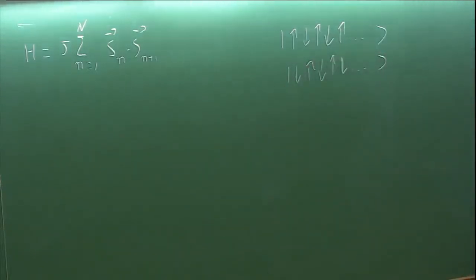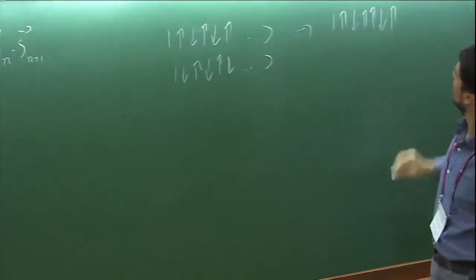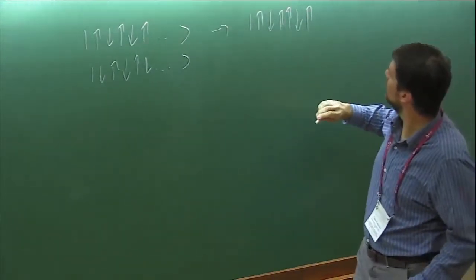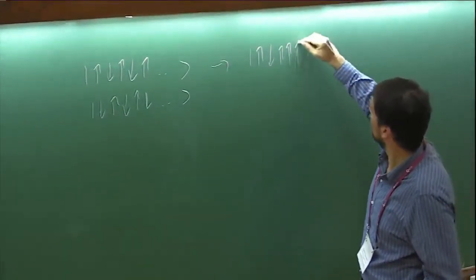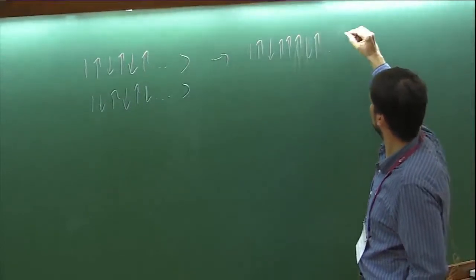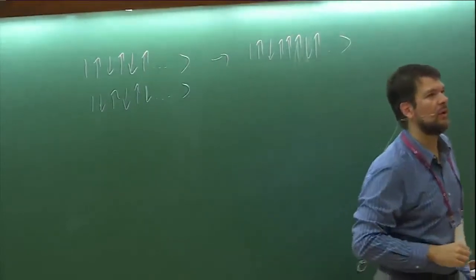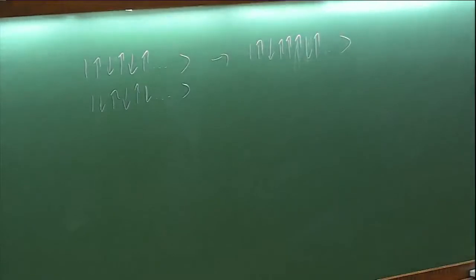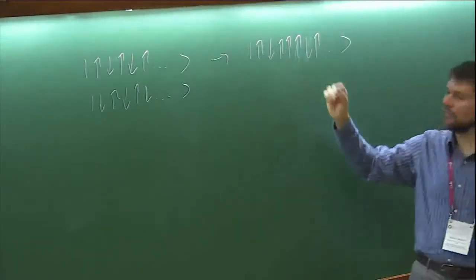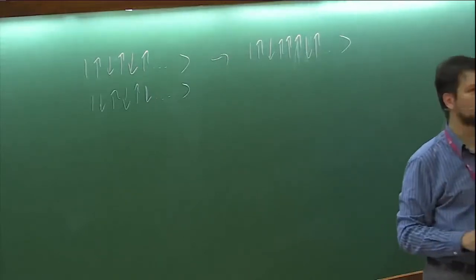So let's go back to Fabian's question yesterday. We thought that an elementary excitation is this domain wall. In case you did not appreciate Fabian's speed, here I just flipped one spin.